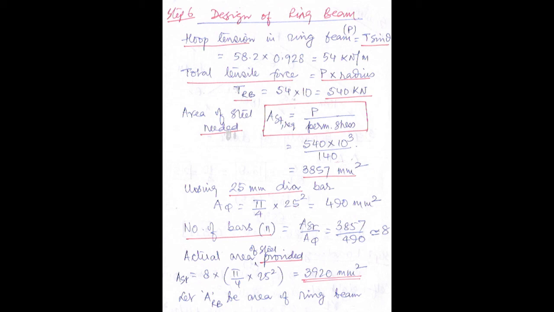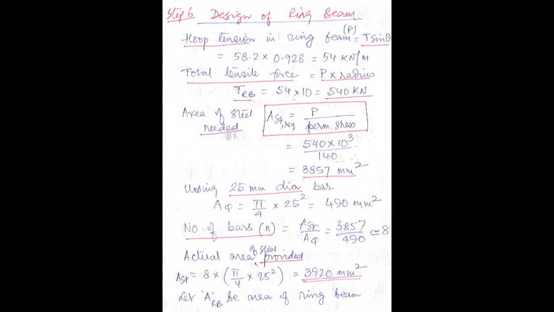So area of one bar is pi by 4 into 25 square, that gives us 490. If you remember the standard value, the area of one 25 millimeter diameter bar comes around 490. From that you can roughly calculate and then decide how many millimeter to take, since the total cross sectional area requirement is this much.